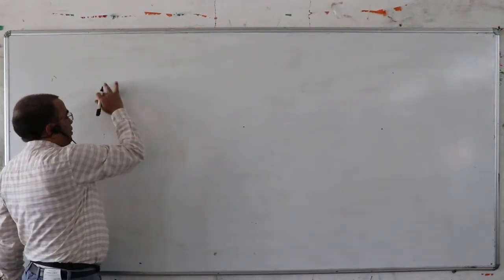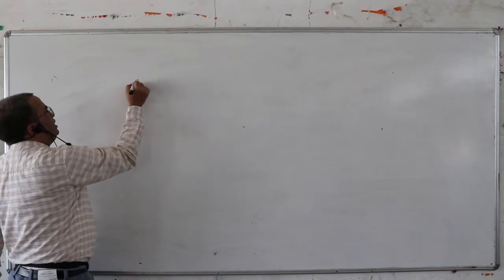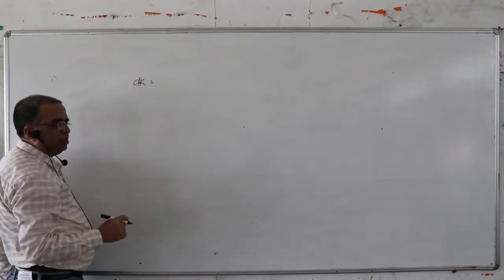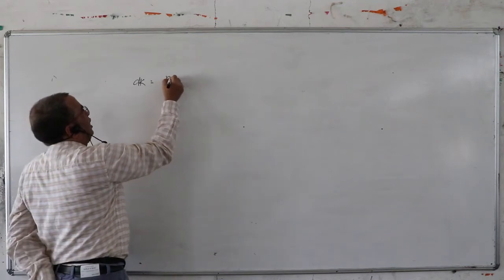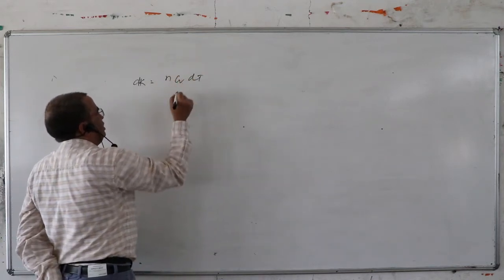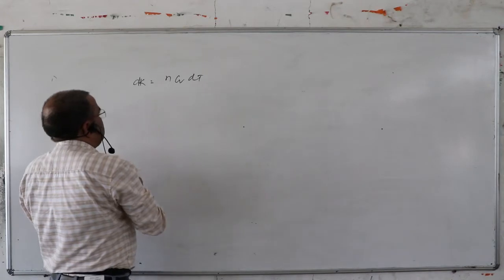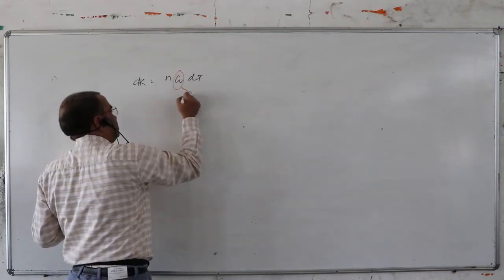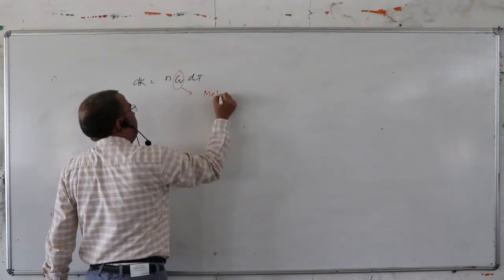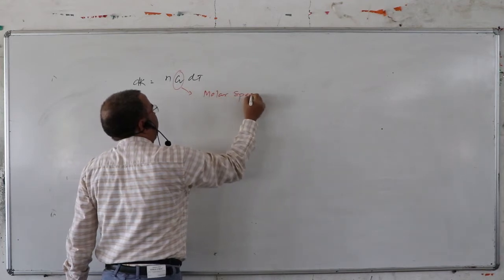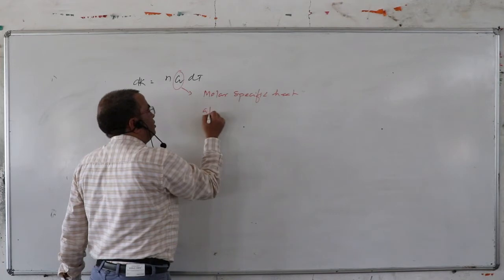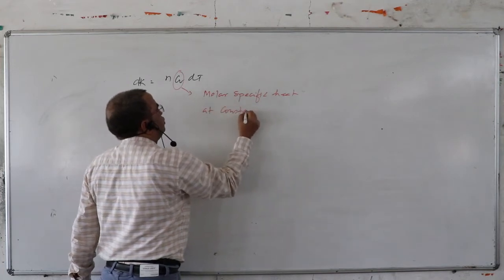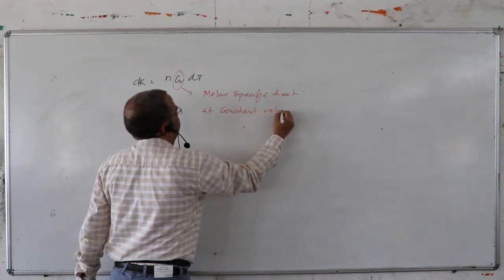So we have just finished dK. We can say the change in kinetic energy of the molecules of the gas is given as n Cv dT. Cv is an important term, called molar specific heat at constant volume.